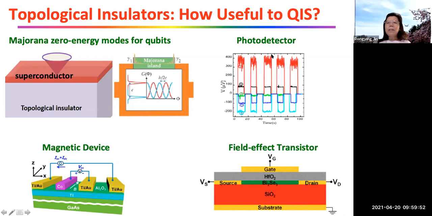Another thing, probably easier, I bet Omar's group already uses such a thing, is photon detectors, and we can probably make them with higher resolution. And of course we talked a long time about possible magnetic devices and memory devices based on those materials. And we can do the field effect transistor so that we can harvest multiple states as one desires.